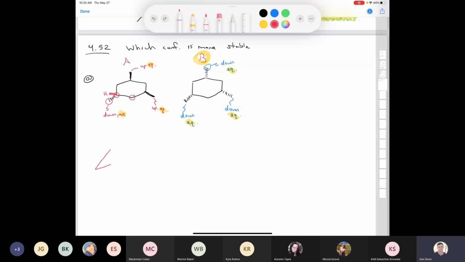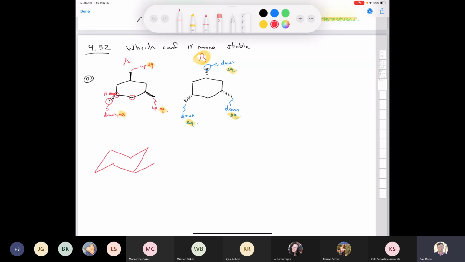But if we draw A, and I'll do it a little quicker than I did the first bunch of times. All right, if this is going up and axial, that means that the next one is going up and axial, and the next one is, no, sorry, that's not how I wanted to do it. I wanted to draw it so everything was equatorial. So let me redraw my ring. So I'll do it like this.